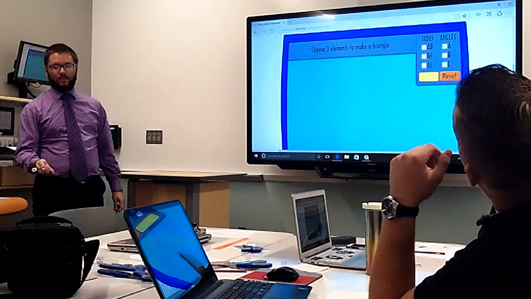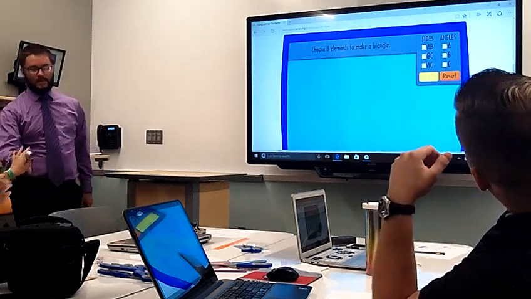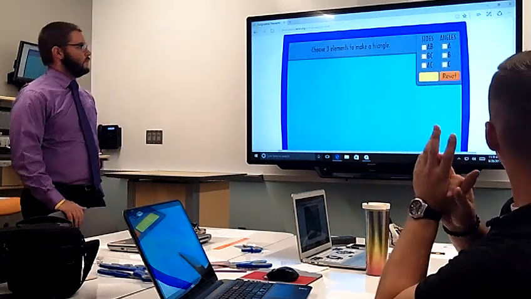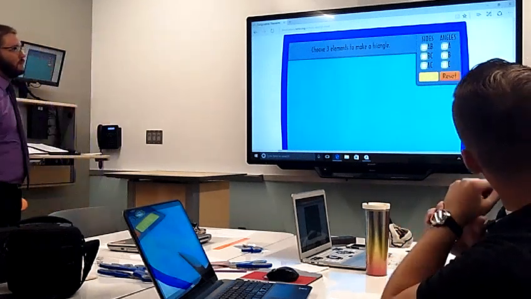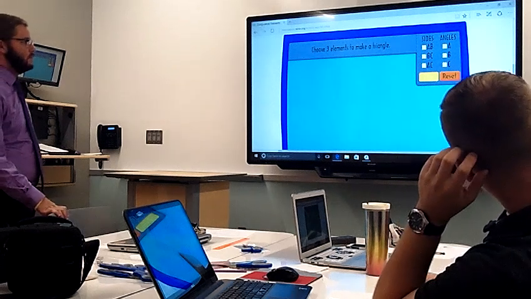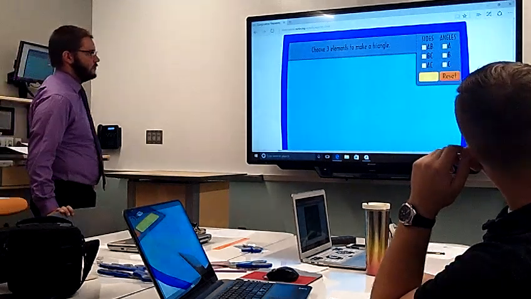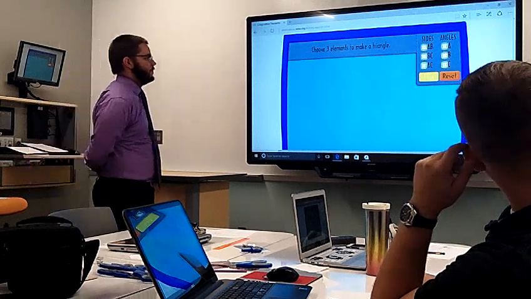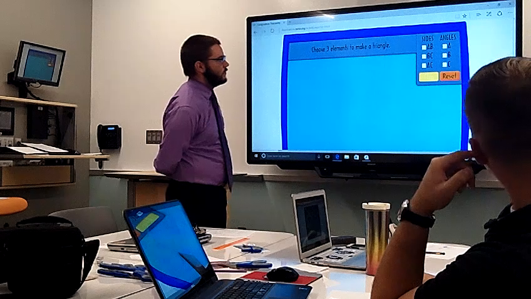Can you draw an example of that on the whiteboard, just so everyone can see it? So if they tell me this angle is this, and that angle is that, I can either connect them or I can move this angle.